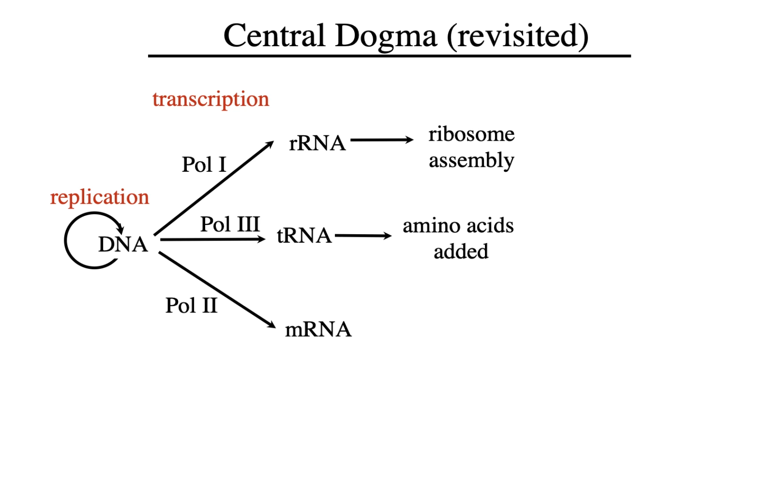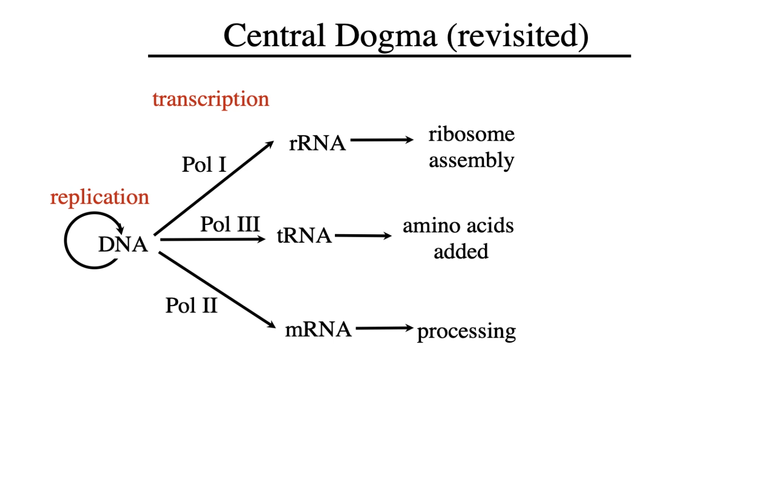And finally, we have Pol II, RNA polymerase II in eukaryotes. It's a polymerase in bacteria with different subunits. And this produces mRNA. Now, mRNA is the coding part, so this encodes for proteins and otherwise isn't functional for anything else.